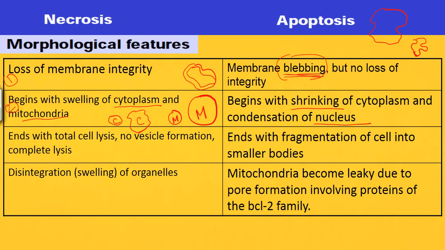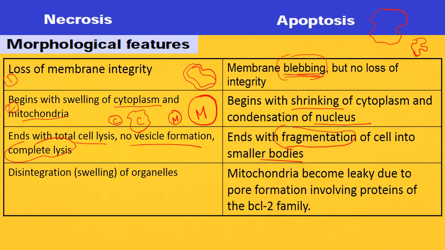Further, necrosis ends with total cell lysis. The complete cell is broken down, with no vesicle formation. In apoptosis, it ends with fragmentation, not complete lysis. Small fragments, that is smaller bodies, are formed.